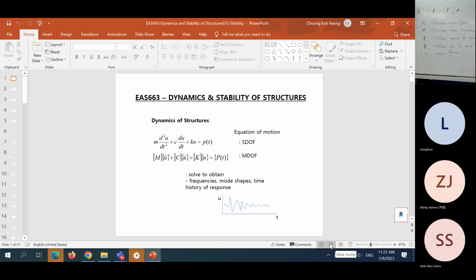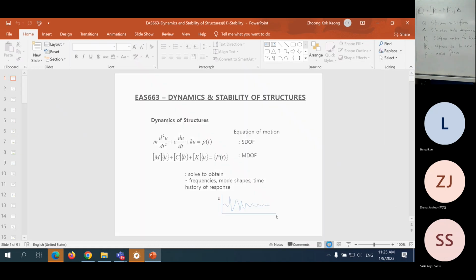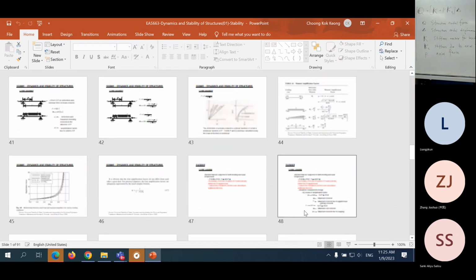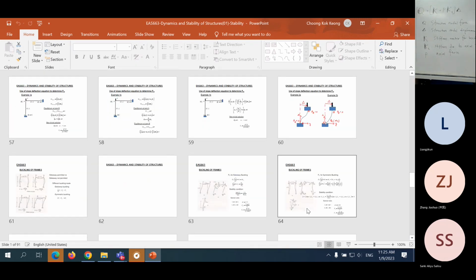How to consider support conditions is similar to what you have gone through in EAS663, the finite element method. You have to take away the column, take away the row. So this is a bit of looking back into that as well.